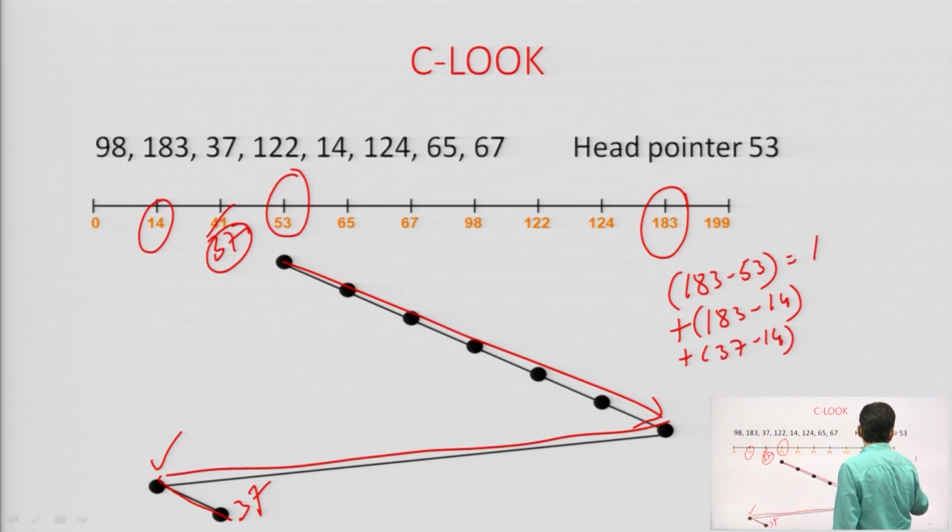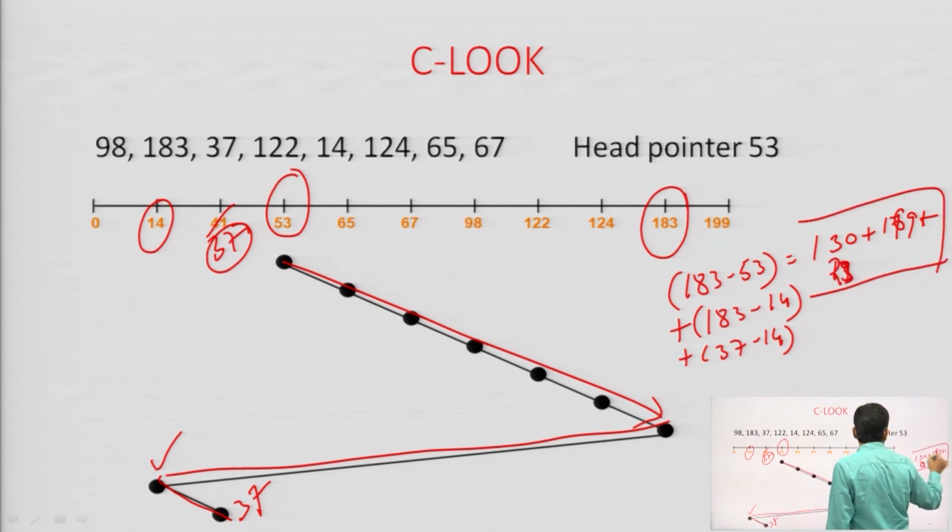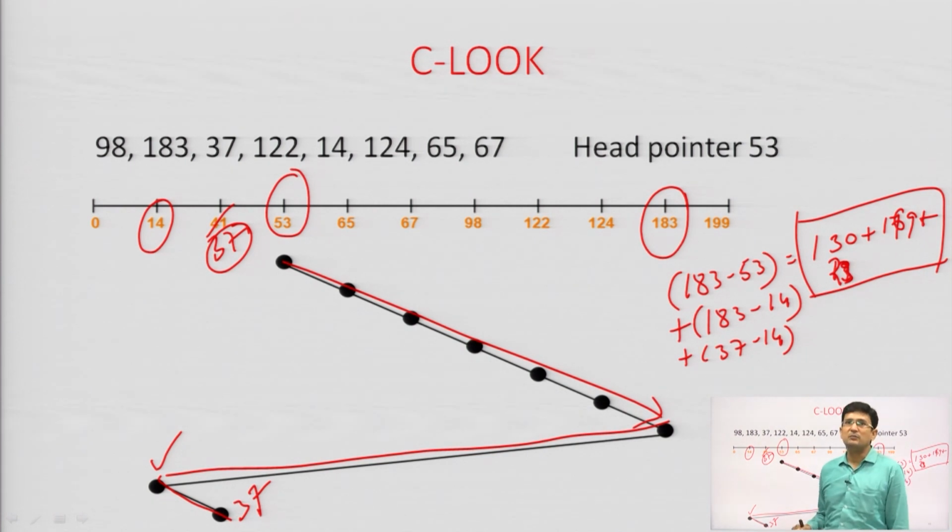So this is 130 plus 169, and then 23. That is the total number of movements that the disk arm took.